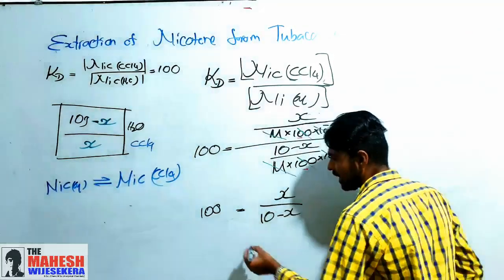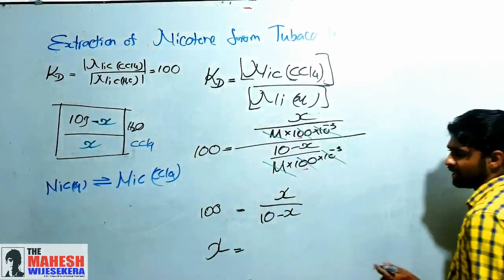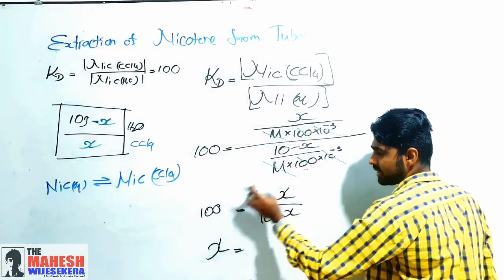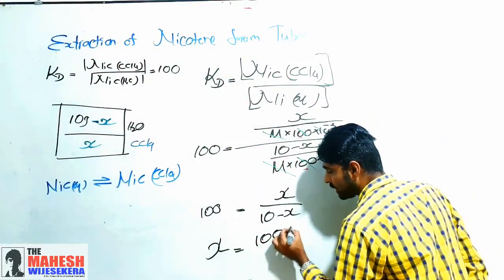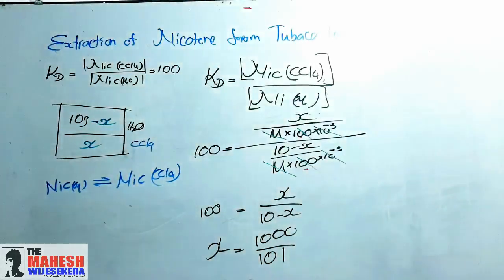So what is the value of X? To simplify this, this is 1000 and this will be 100X. When it comes to this side, 1000 divided by 101.